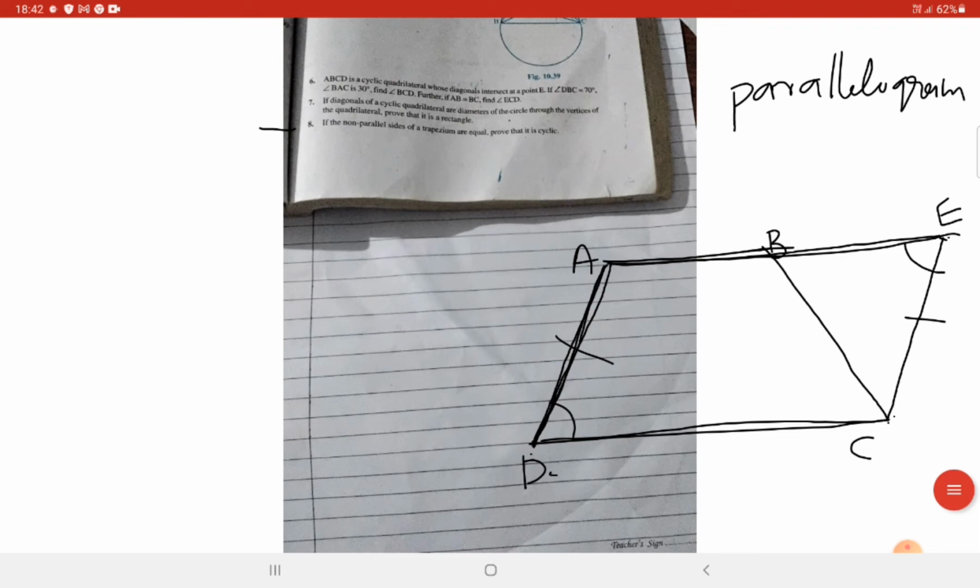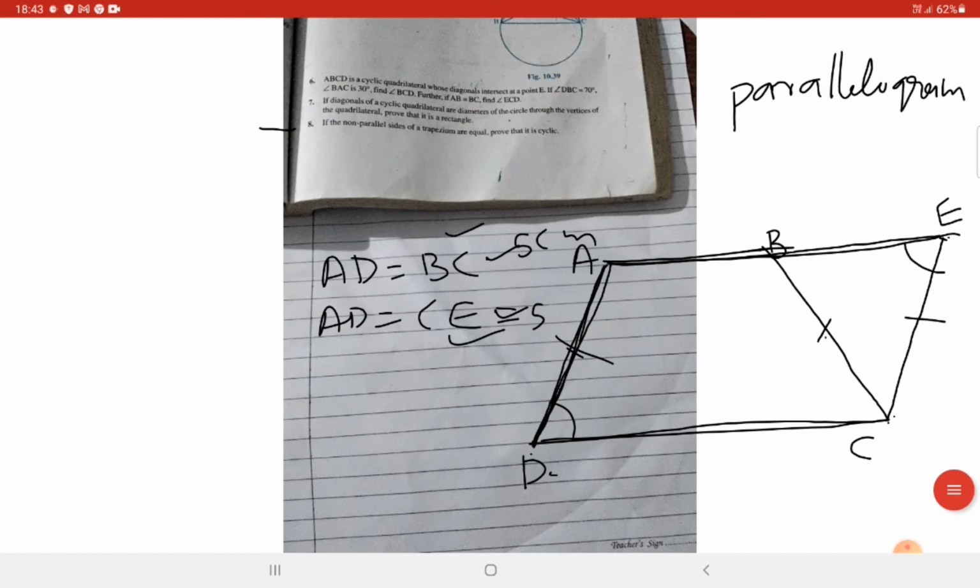Okay, now what is given? AD is equal to BC. That is given. Now we got AD is equal to CE. That means BC and CE are equal. See, suppose AD equal to BC equal to 5 centimeters. Now AD and CE are equal, so CE is also 5 centimeters.